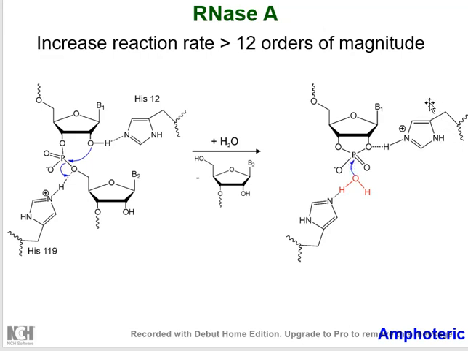And histidine 119 acts as an acid. It protonates 2' OH group and makes it a good leaving group. So in the end you have 3' phosphate group and 2' OH group as a product, which is not shown here. So you can see that histidine can show amphoteric properties, which means that it can act in active sites of enzymes both as an acid and as a base.